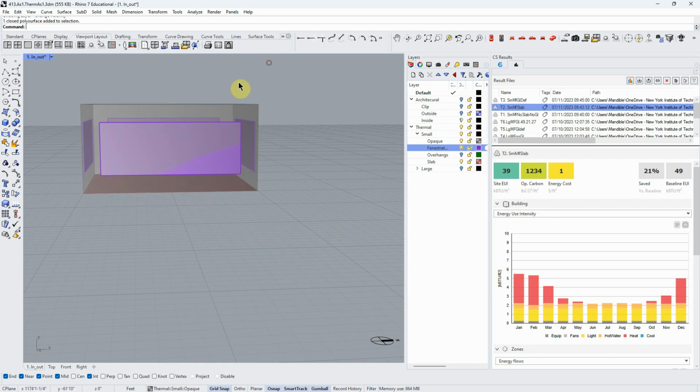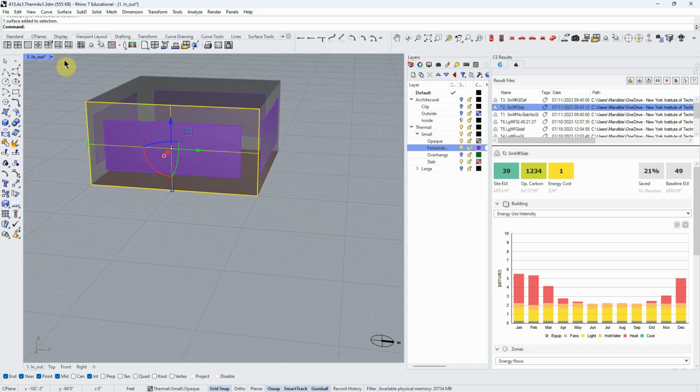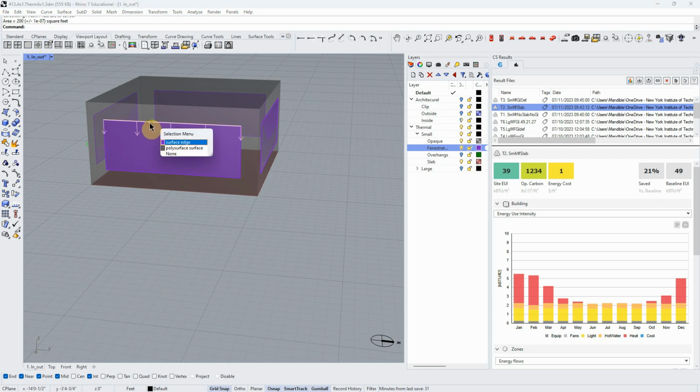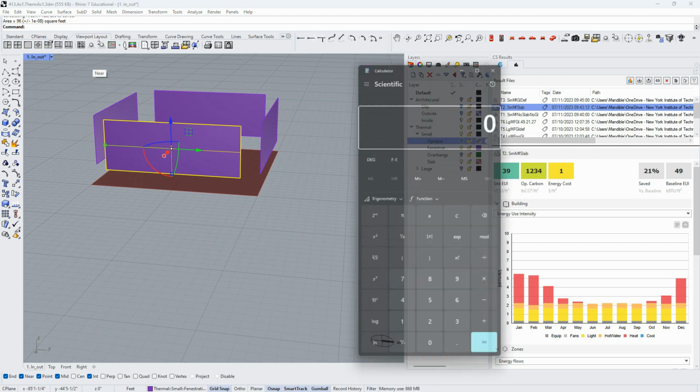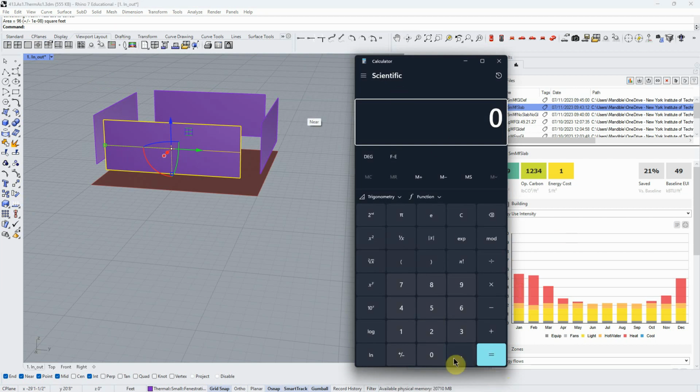I'm going to select this surface and see what its area is. So area is 200 square feet. And then I'm going to select this window, and area is 96 feet. So we already know basically what that is. It's about 50%, right?